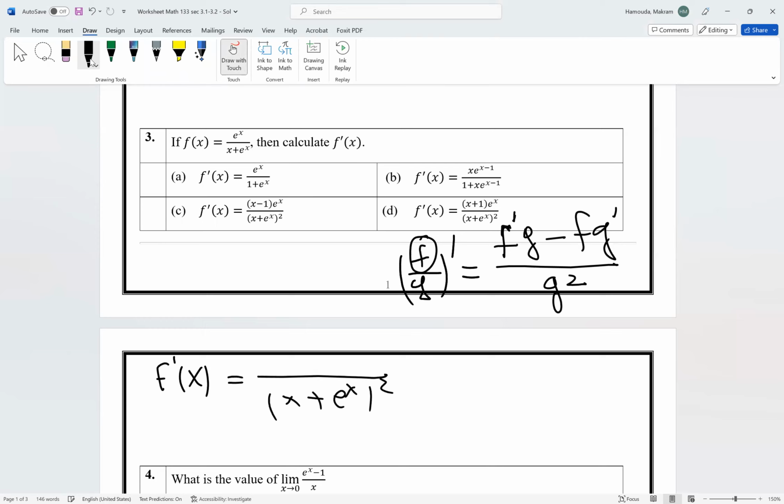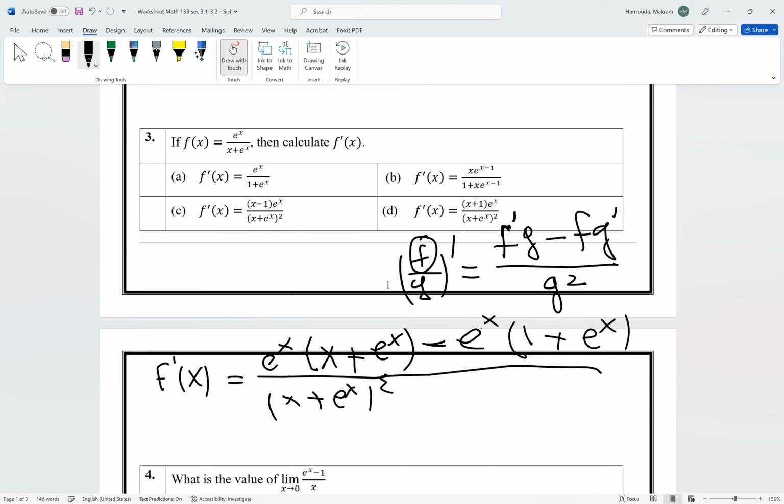And then in the numerator, I will have the derivative of e^x, which is e^x itself, times the denominator without derivative, so x plus e^x. Then minus the first one without derivative, e^x, times the derivative of the function in the denominator, x plus e^x. So the derivative is 1 plus e^x.